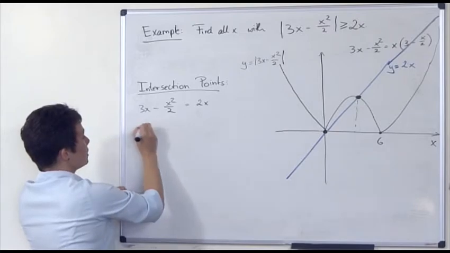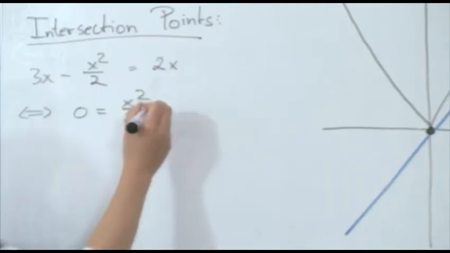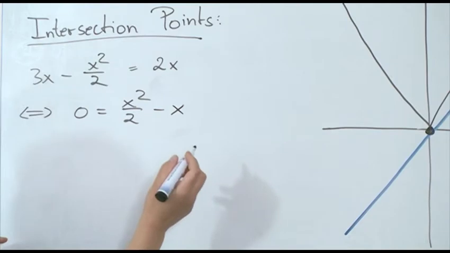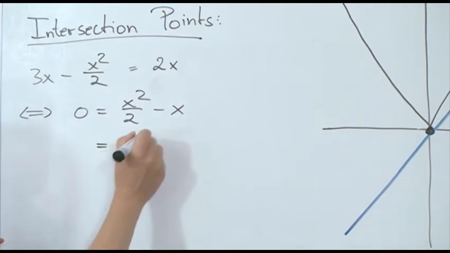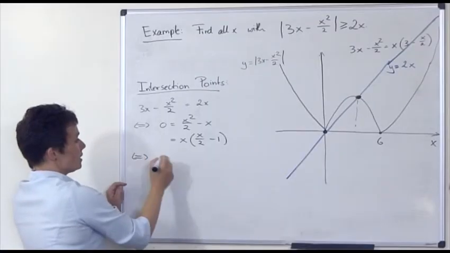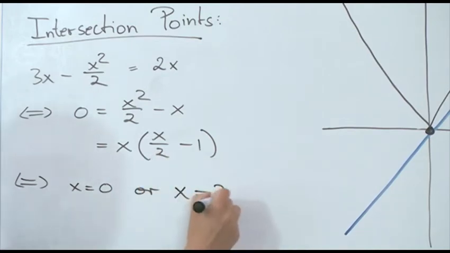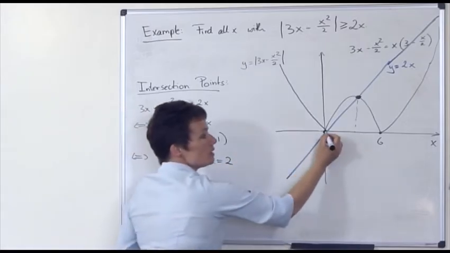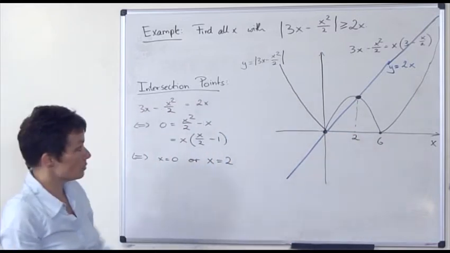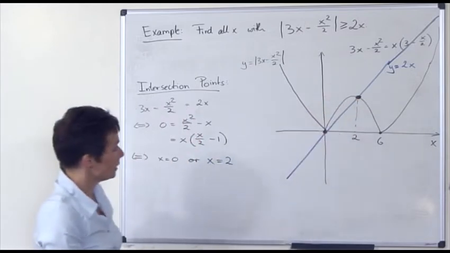I'll put everything on the right hand side. I get x squared over 2, and 2x minus 3x, it's a minus x. And this factorizes into x times (x over 2 minus 1). And I see that this happens if x is equal to 0 or x is equal to 2. 0 is this intersection point, and this intersection point happens at x equal 2. That's where the blue graph overtakes the black one.